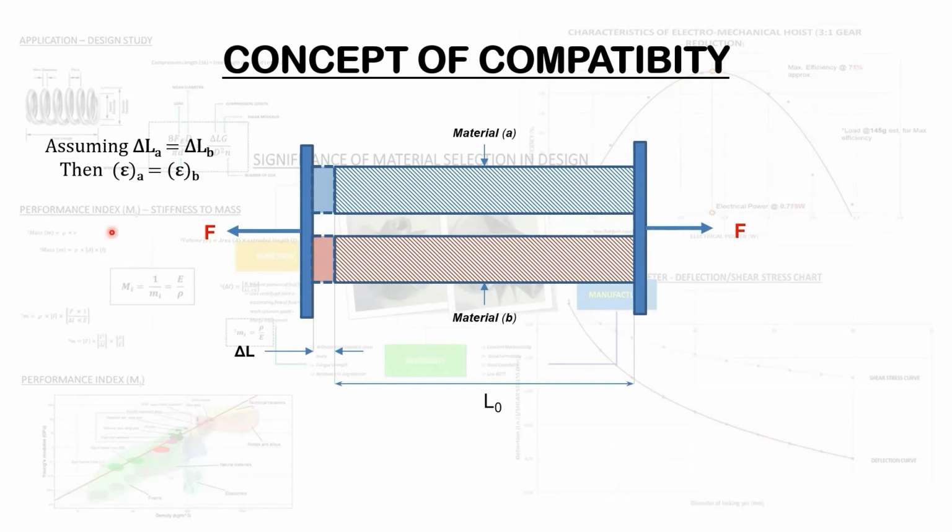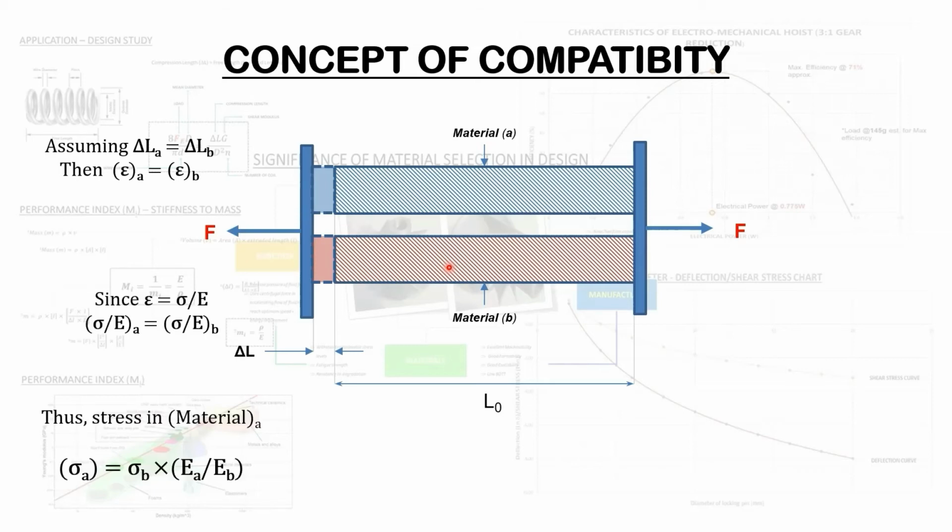We can assume that the change in length in material A is equal to the change in length in material B. If this is the case, then this means that the strain in material A will be equal to the strain in material B, assuming that the original length will be the same due to the applied force.